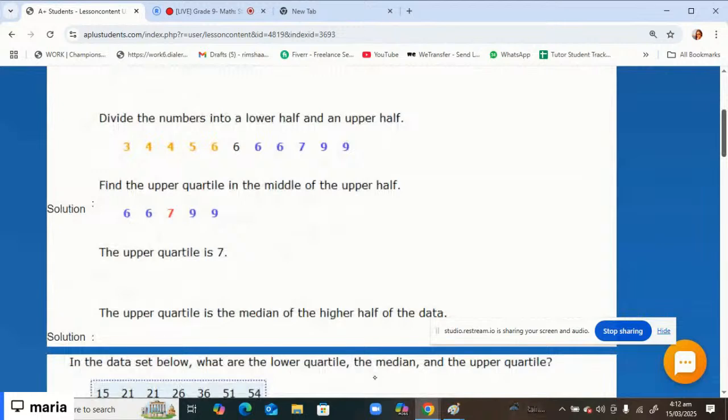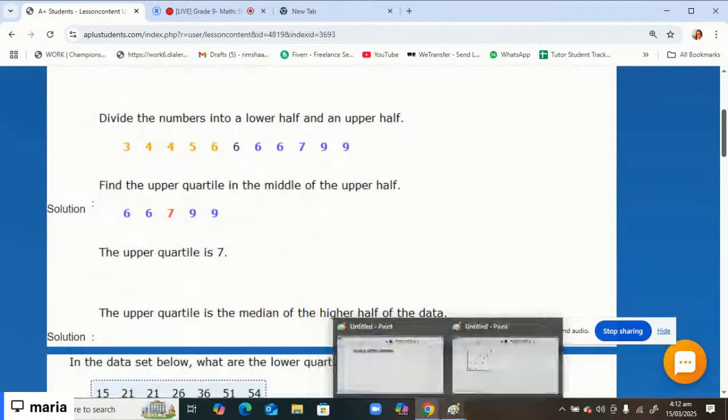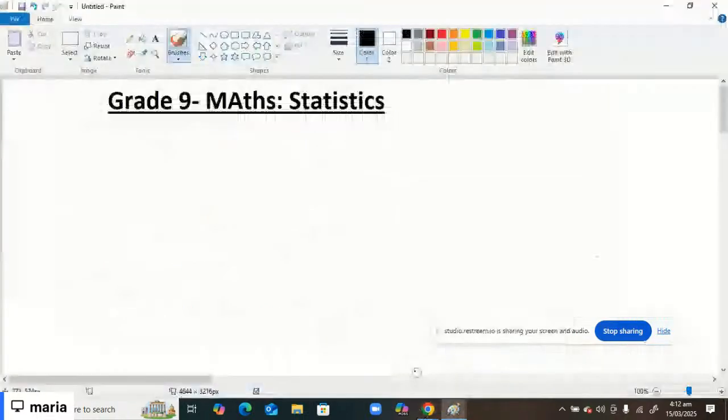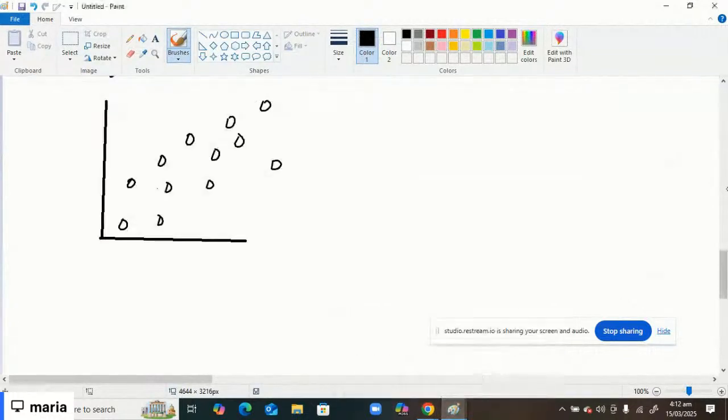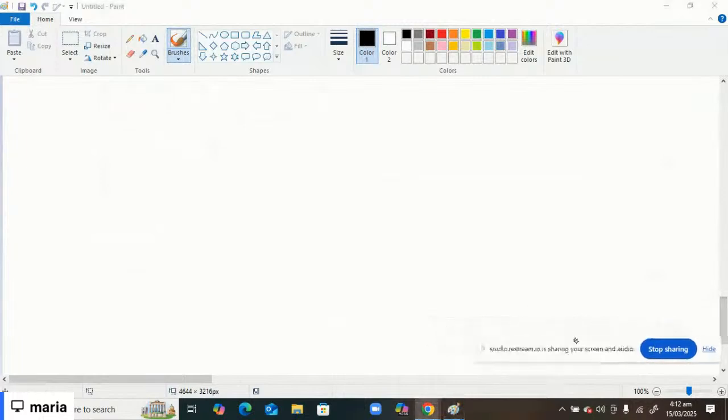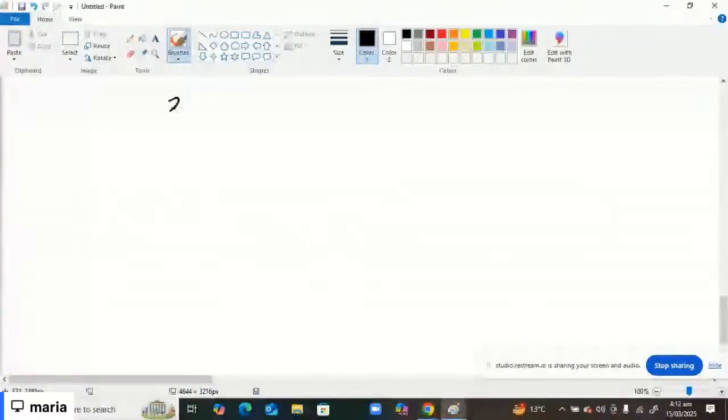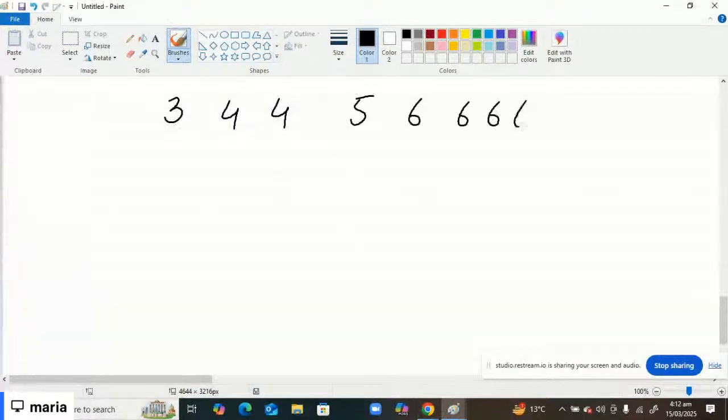The upper quartile is the median of the higher half of the data. That's it. Let's write the data here. This is 3, 4, 4, 5, 6, 6, 6, 6, 7, and double 9.